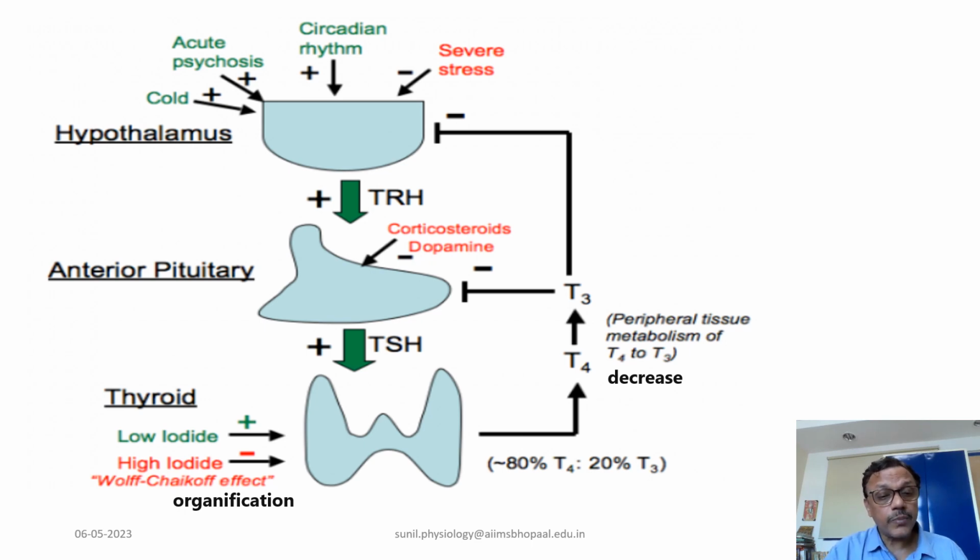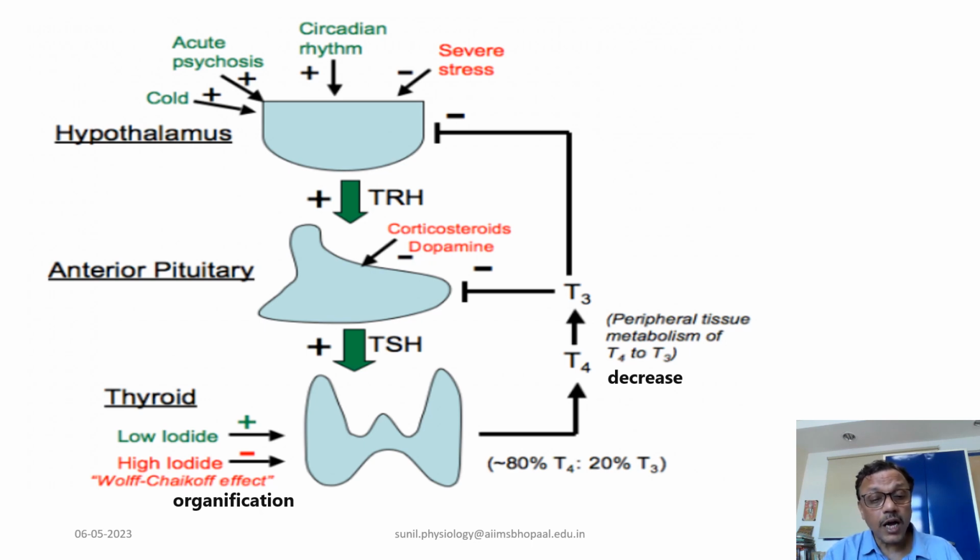An optimum level of iodine is required for the synthesis of T3 and T4. If the iodine content in the diet is very high, or you are taking exogenous iodine in a very high amount, then the organification is going to be inhibited.